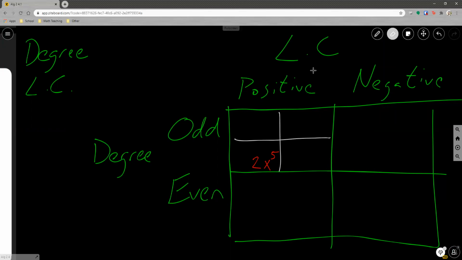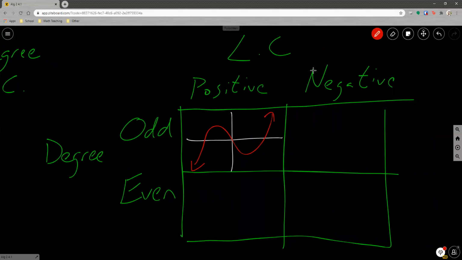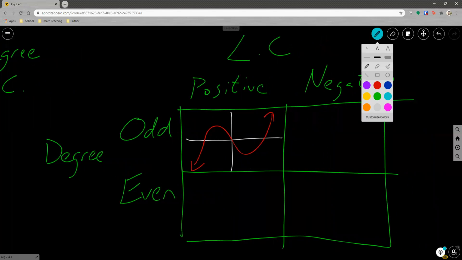I should move this. Let's see here. If I've got something like 2x to the 5th, my function is going to look, in general terms, something like that. And then if I have an odd degree with a negative coefficient, again, I'll put these in there.